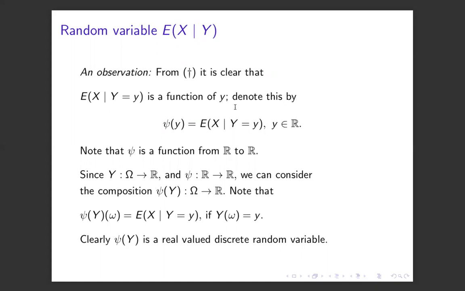Denote this function by psi. That is, psi at y is the expectation of x given Y equal to little y, for y in R. So this psi is a function from the real line to the real line.